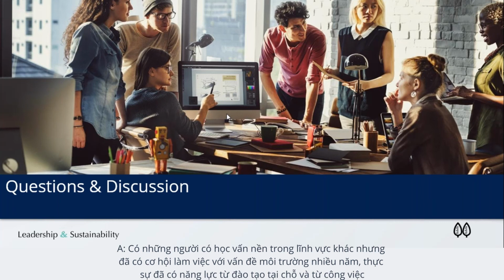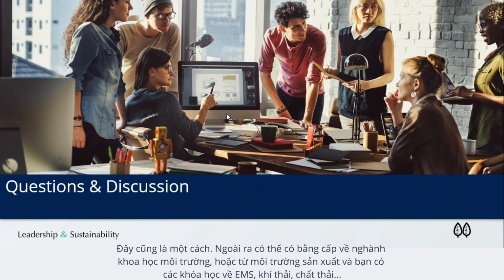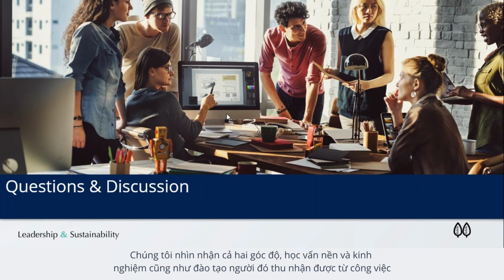Another is, of course, that you have a degree in environmental science, for example, or in manufacturing, where you probably also have environmental courses. It could also be that you have attended a course on environmental management systems, for example, or specifically about air emissions, specifically about waste, etc. But we do have a look at what is the educational background that the persons have, but also, of course, what is their experience and training on the job.